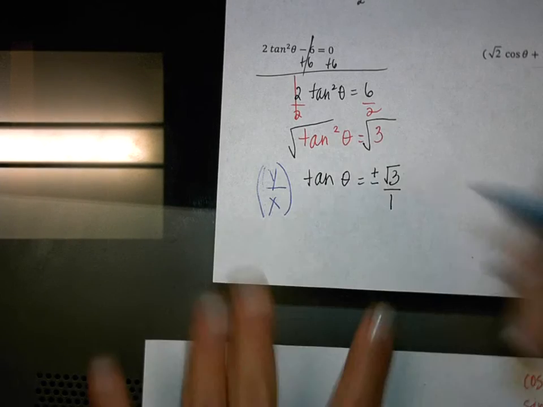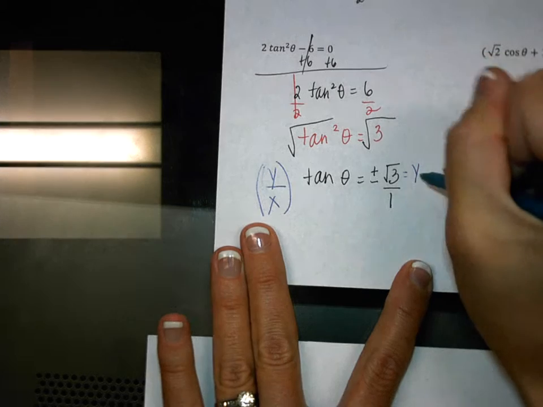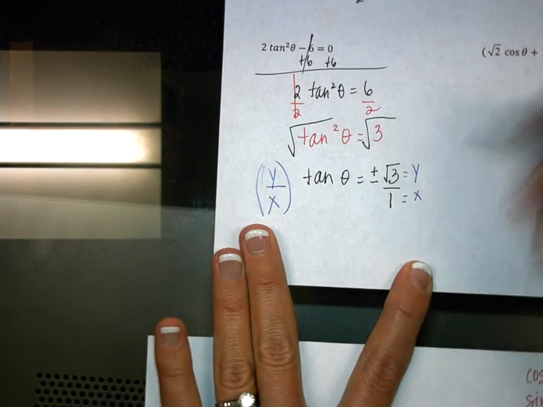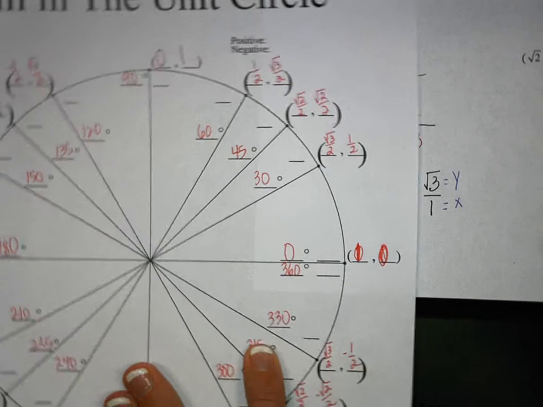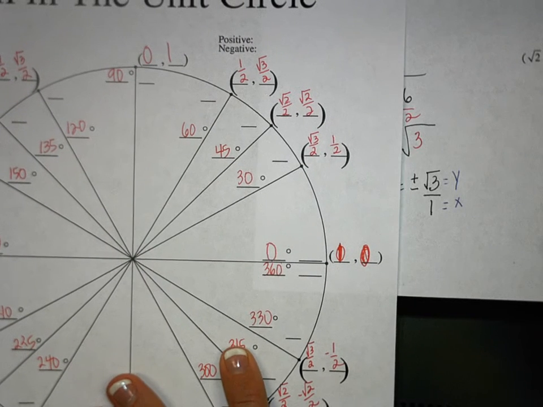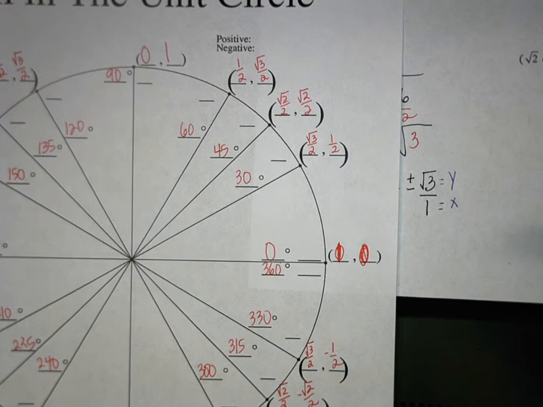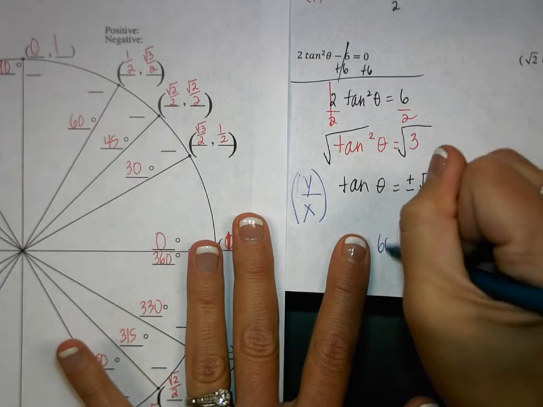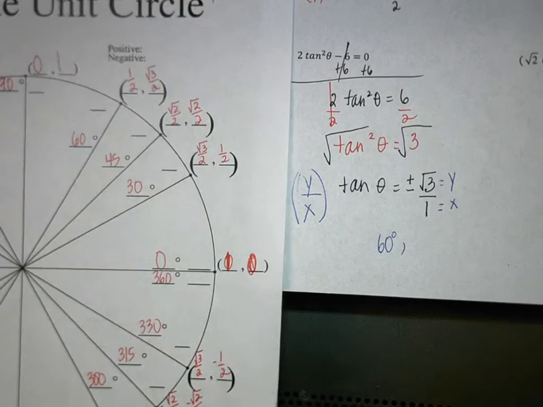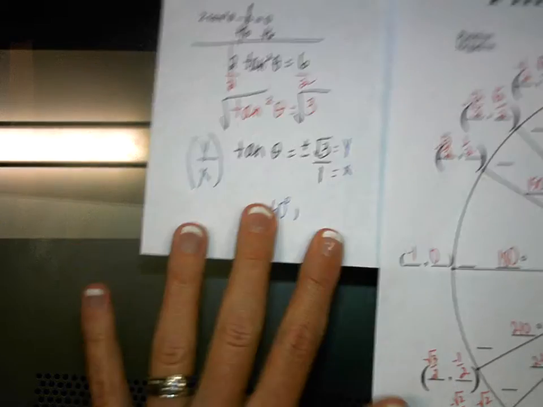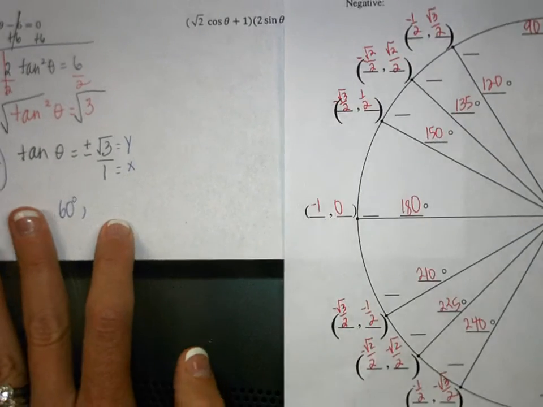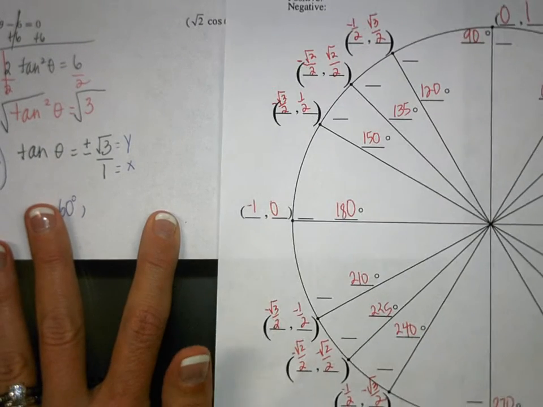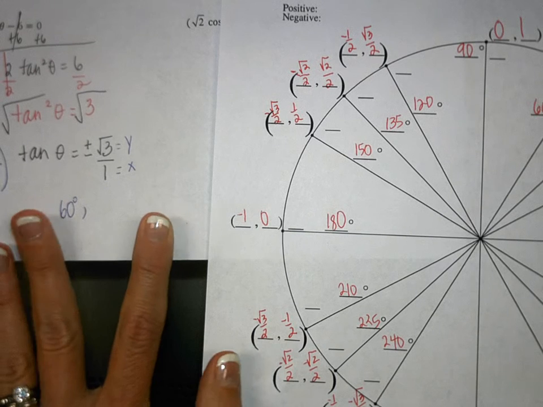So again, if you need to, y is our root 3 and x is the 1. So in our first quadrant, which degree would it be? 60. Very good. 60 is correct. Okay, so then we'll go over to quadrant 2. So again, we're looking where y is root 3 and x is 1.